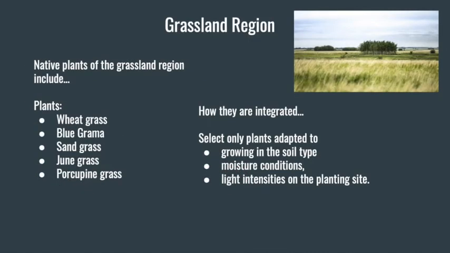When planting grassland native plants, it is important to know how exactly they are integrated into a specialty landscape, as they will require the same environmental factors such as the soil type, the moisture content, and the light intensities as they would in a regular grassland.